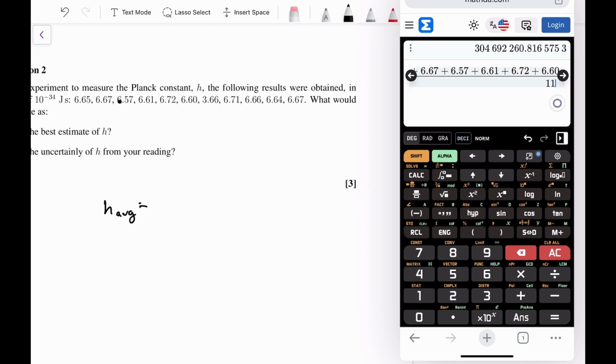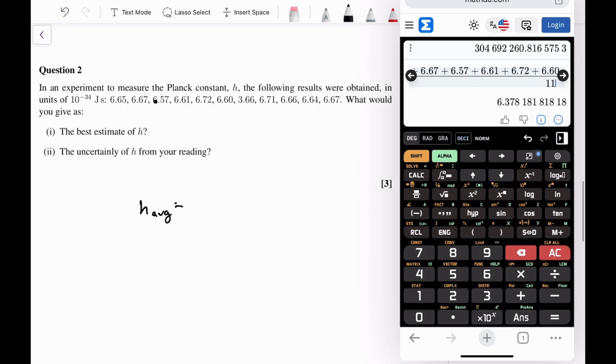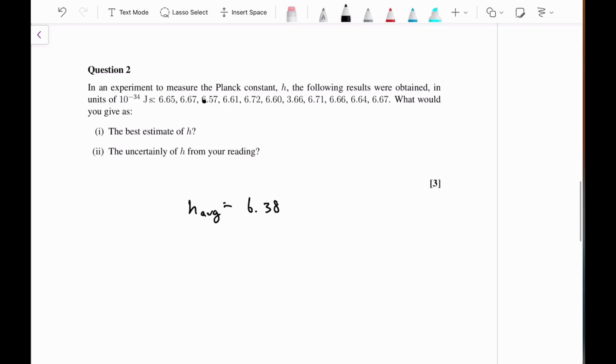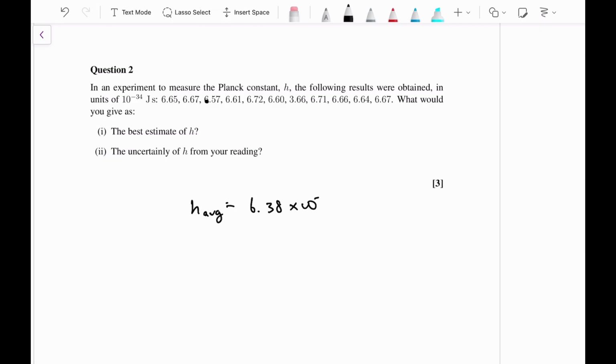So that's divided by 11, and it gives us 6.38 times 10 to the minus 34.